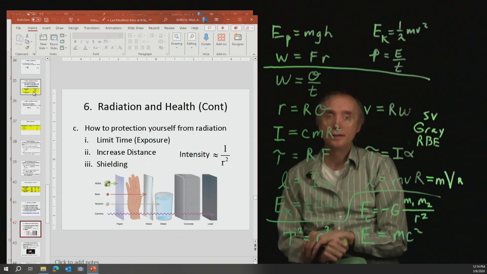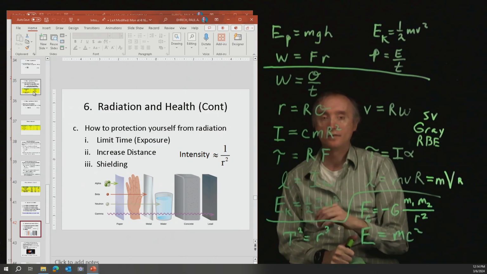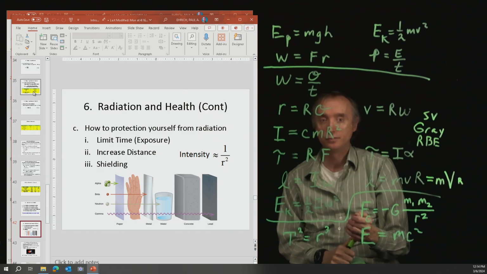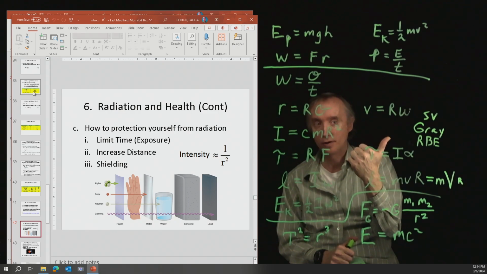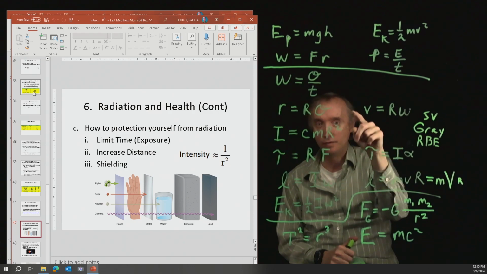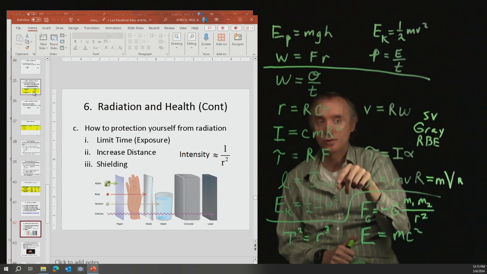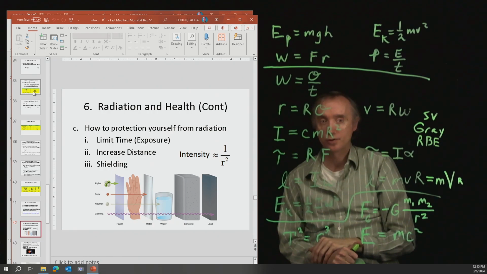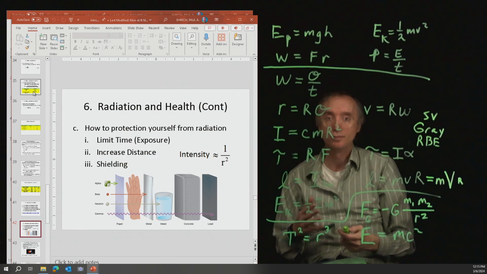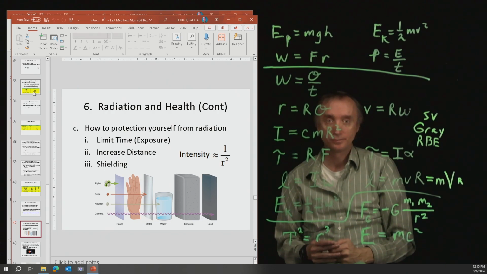And then what is the effect of shielding? You should know which kind of radiation. We've got the alpha particles, the beta particles, and then the gamma particles. Of those three, which is the one that takes the least amount of shielding to protect you from, and which one requires the most amount of shielding?